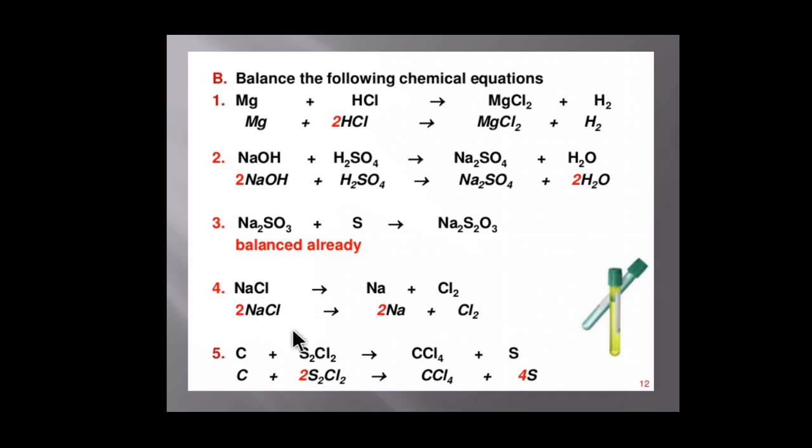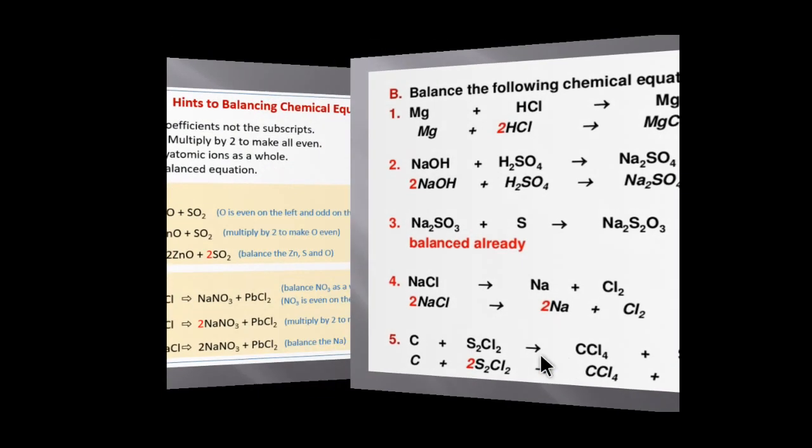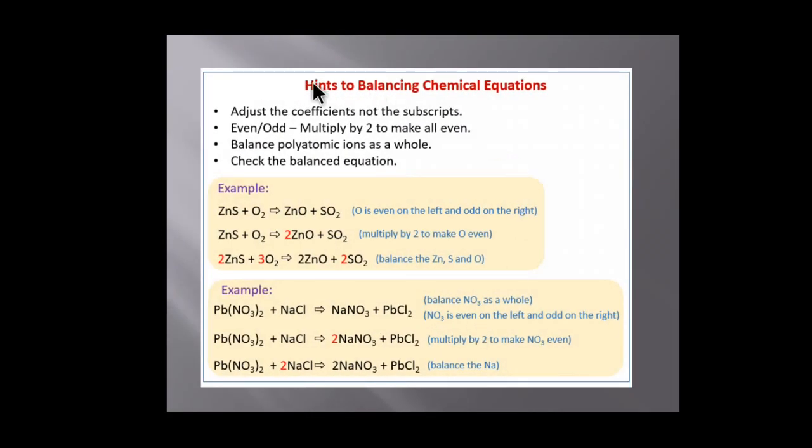So increase the coefficient, the equation is balanced. Then carbon and S2Cl2 form carbon tetrachloride and sulfur. Add the coefficient, the equation is balanced. There are some other hints; just go through them and practice equation balancing.